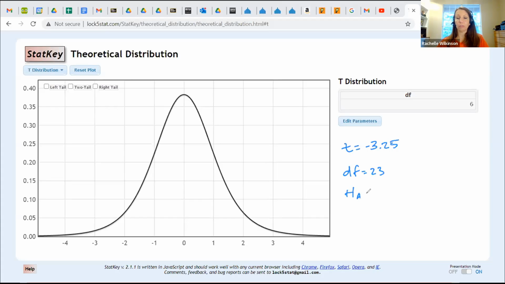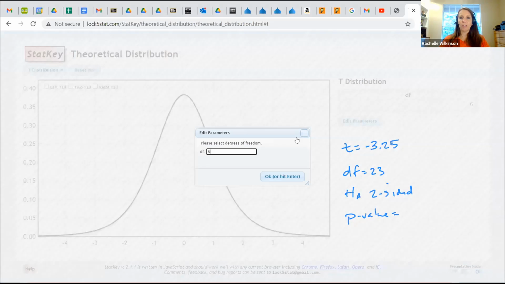So this time I had not equals in my alternative. And I still want to find the p-value. All right, so first thing that I'm going to do here, I'm going to click on Edit Parameters so that I can change my degrees of freedom to be 23.